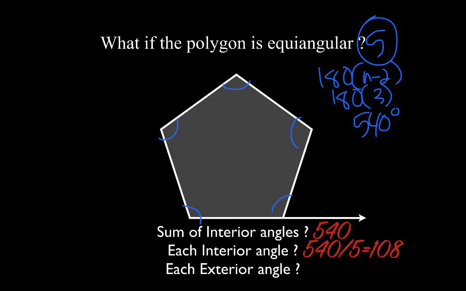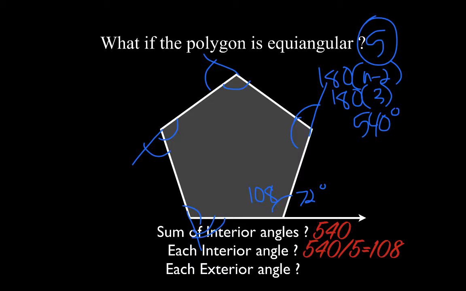The exterior angle, let me write that on here. The exterior angle is simply the supplement of 108. That's right, 72. But the way I'd like you to think about it one more time is there are multiple exterior angles and they're all congruent. Each one is 72. So there's one more, there's another, there's the final one.